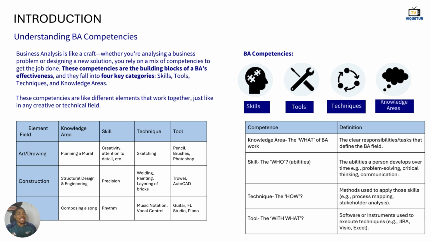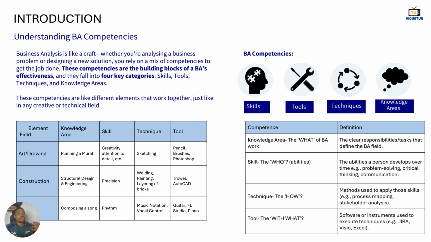So we can see how these core elements interact with each other in the art craft. That is how they also interact with each other in the business analysis field. Your knowledge area, for instance, is elicitation and collaboration, right? Your skill here would then be your facilitation skill, your listening skill, your verbal communication or your written communication skill, right? Then your technique here would be brainstorming, right? Your technique is now how you get to do your elicitation.